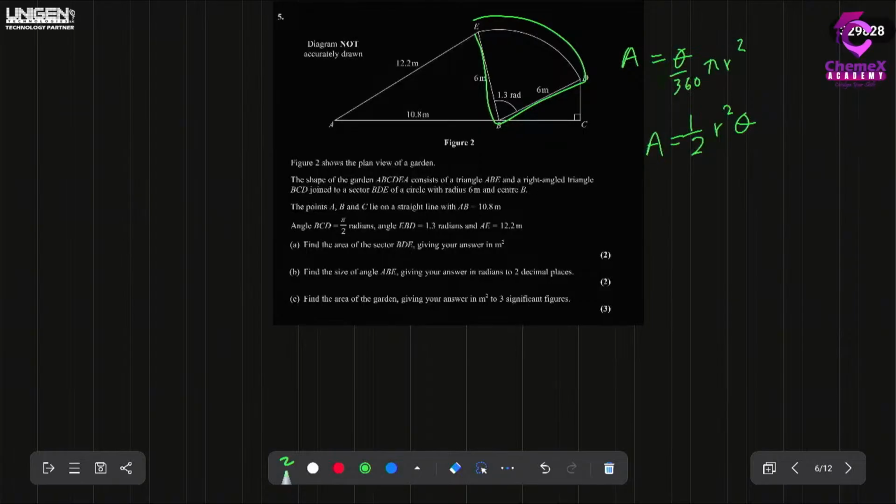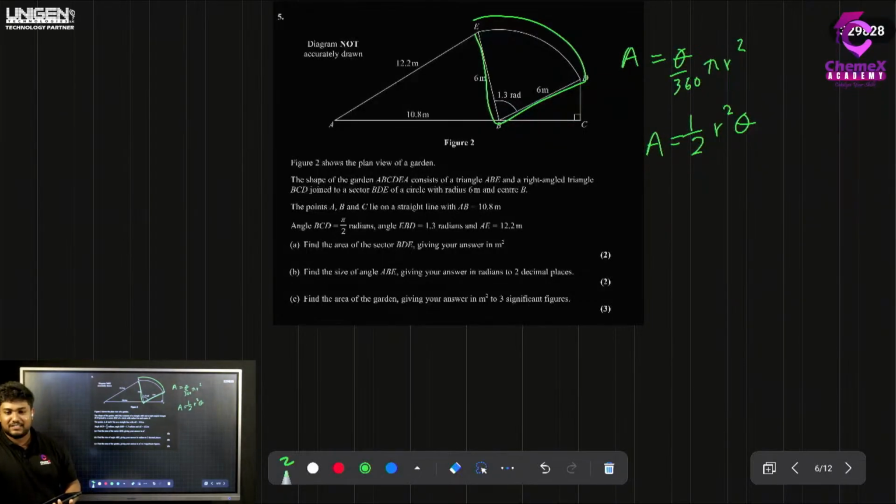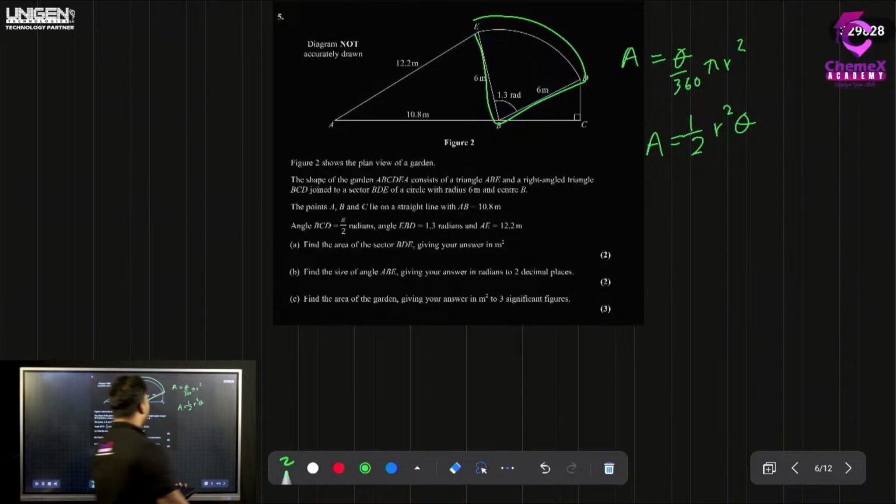Okay. Is that the one to be used, or the second one? And what's the reason?